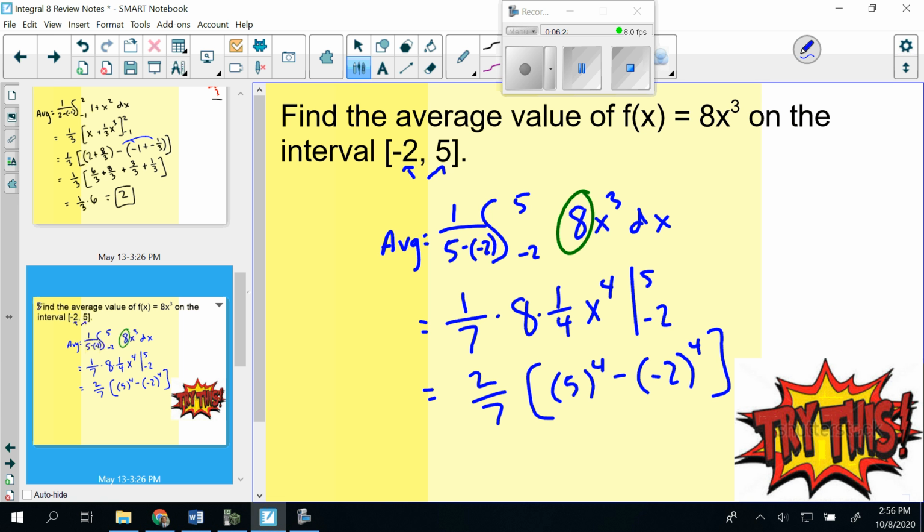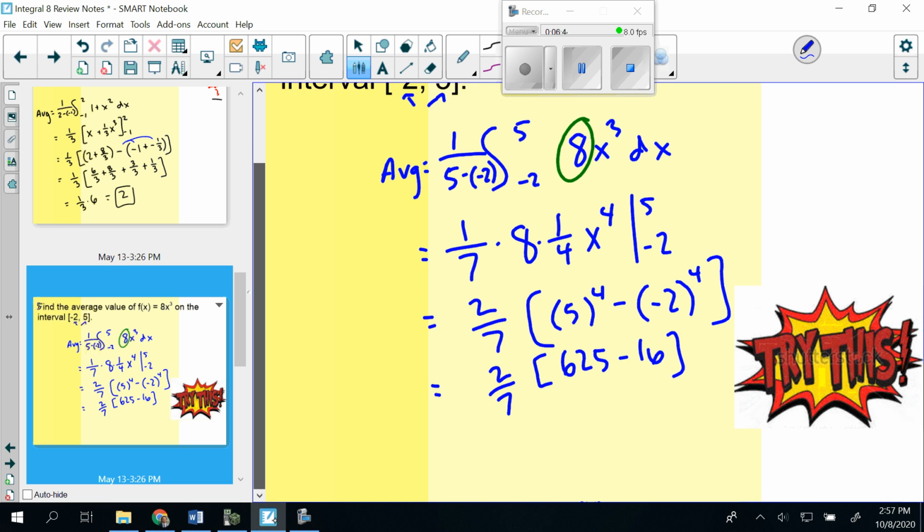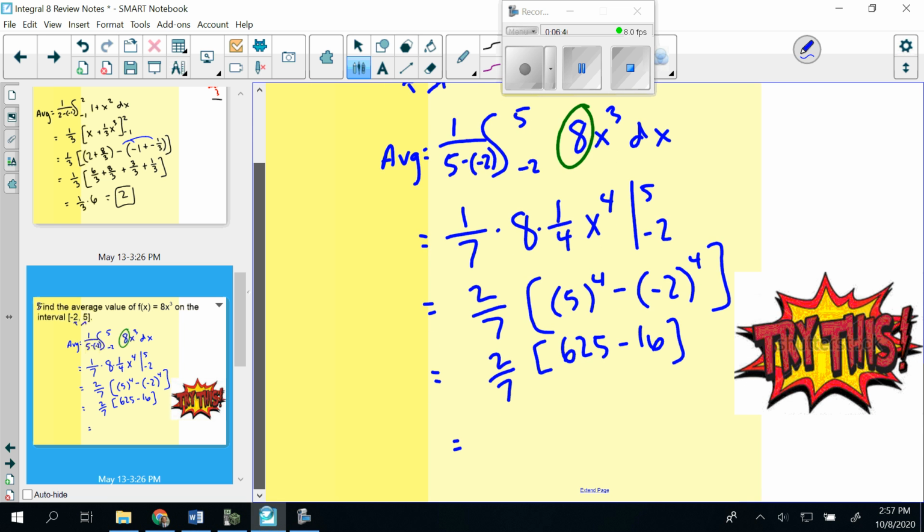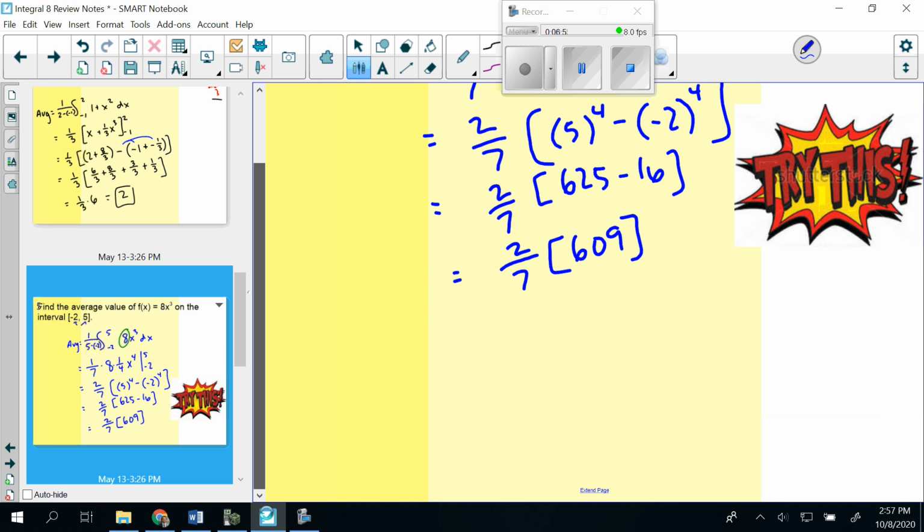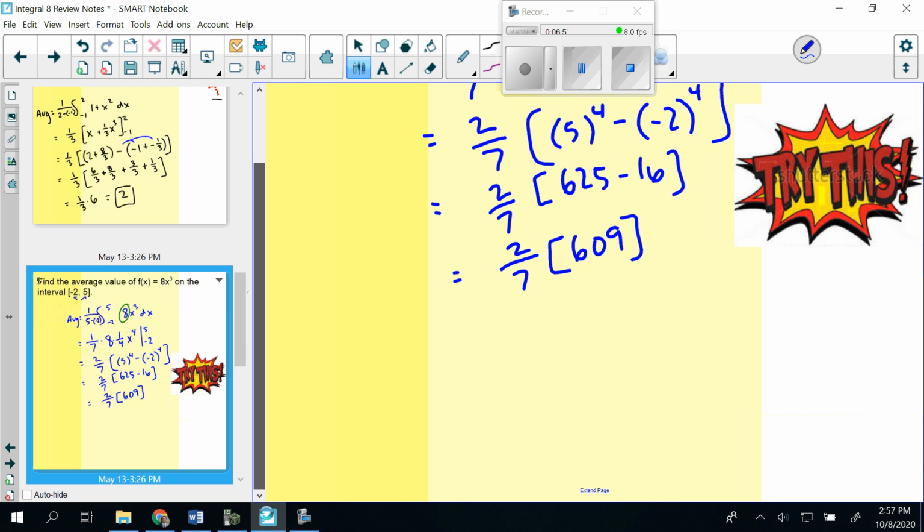And going through and doing that should lead us to our answer. So we got 5 to the 4th would be 625. Negative 2 times negative 2 times negative 2 times negative 2 would be 16. Now going a little bit further here, if we subtract that, that's going to be 609. And if we times that by 2/7, we should get it.